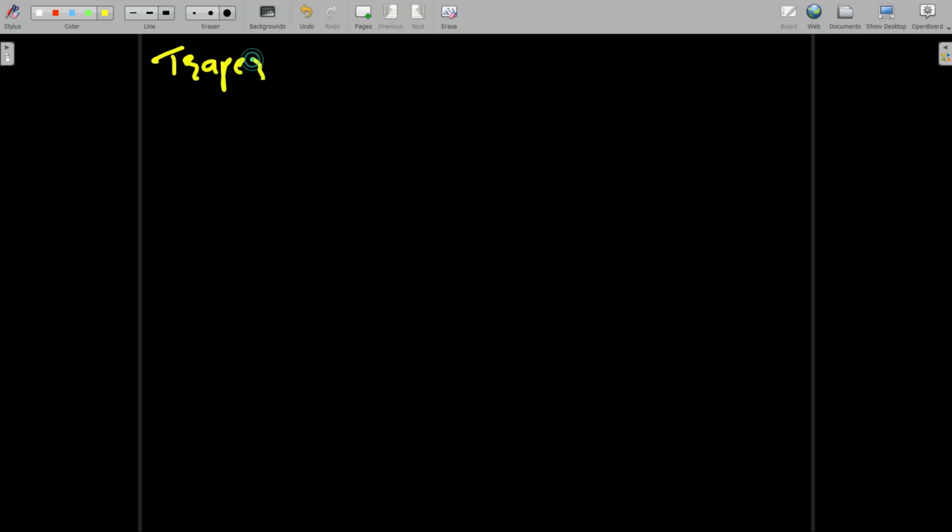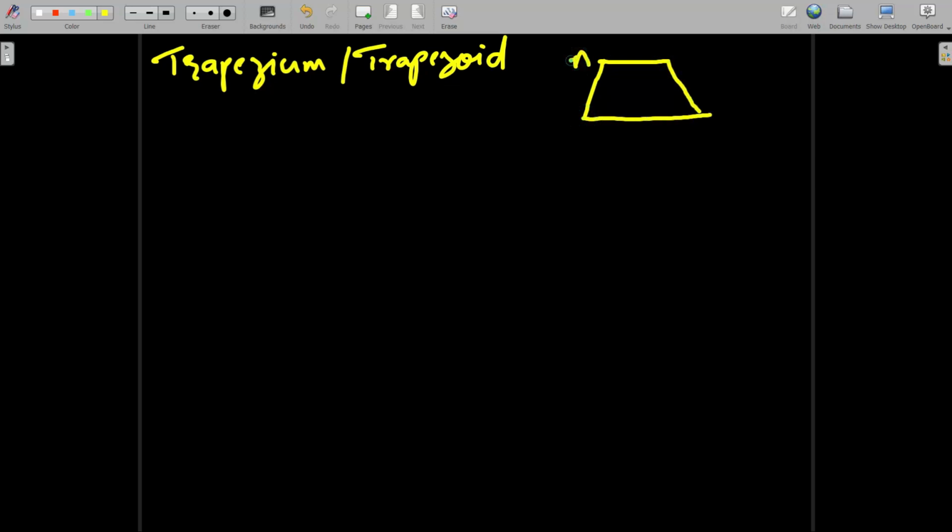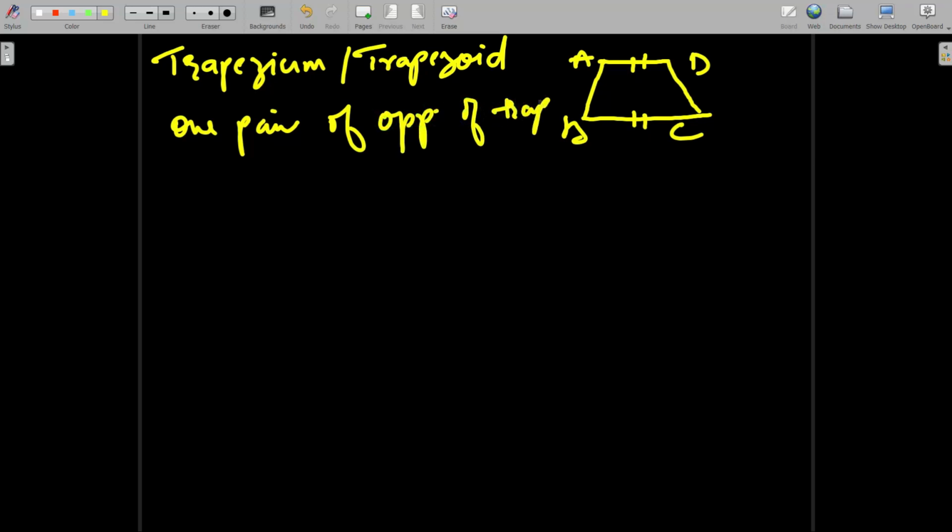It will be like this, here, A, B, C, D. Now by looking at the figure, what we can say is that one pair of opposite sides of a trapezium are parallel. So this is the property of a trapezium.